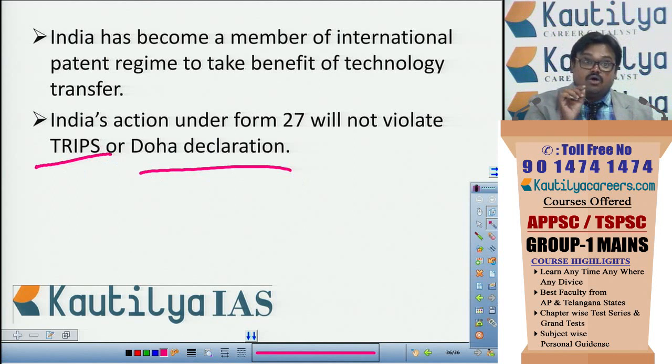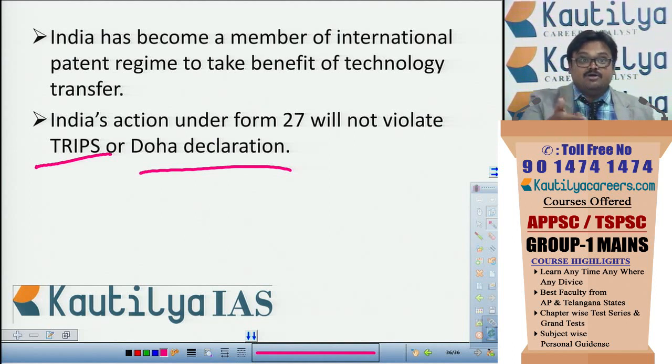India also became a member of the international patent regime in 2005. Now why would India join the international patent regime, when there are many headaches with these patents? It joined because it wanted to take the benefits of technology transfer. Now a pharmaceutical company in Switzerland comes to India and takes a patent for a particular product, and it does not produce that product in India.